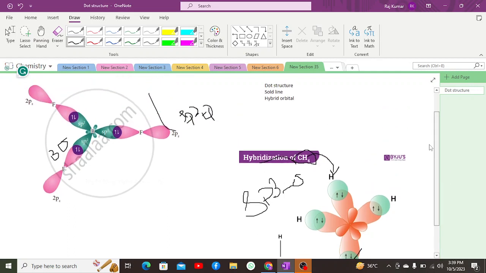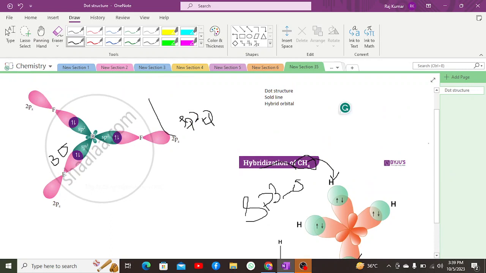Now the question arises: which bond is stronger, the sp2-p bond or the sp3-s bond? The answer is the sp2-p bond. Why? Because the sp2-p bond has a p atomic orbital. We know that a p atomic orbital has a dumbbell shape, an elongated shape.